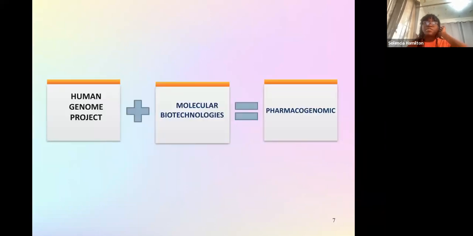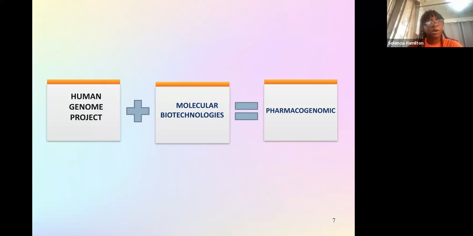The Human Genome Project is something that scientists aimed to pursue from the late 19th century. And when was it completed? I don't remember when it was completed, but they wanted to fully understand the human genome.